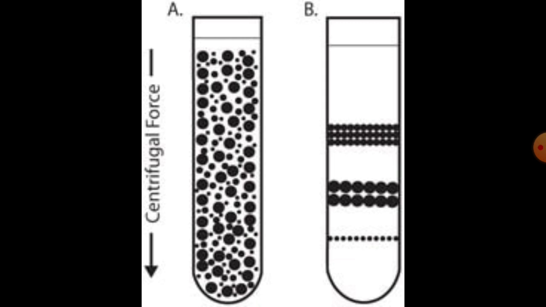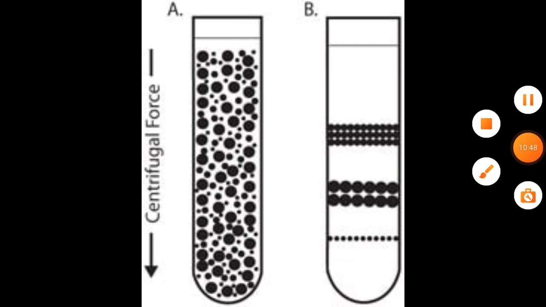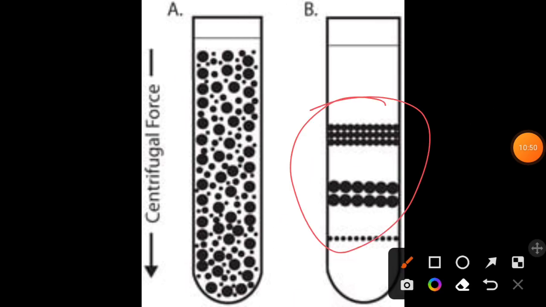What is the difference between isopycnic centrifugation and the other types of density gradient centrifugation? In isopycnic centrifugation, you get the gradient after centrifugation. On the other hand, in zonal centrifugation or sucrose gradient centrifugation, you get the gradient at the start of centrifugation. That is the difference.